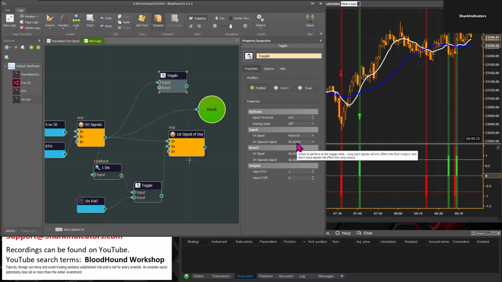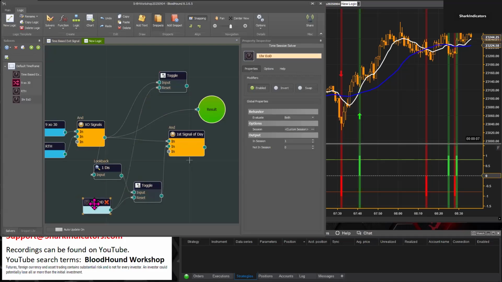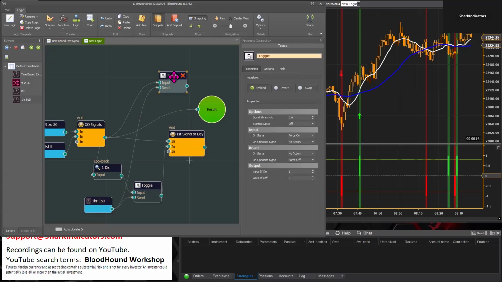So sometimes you might set this to no action, but then you'll use the reset to actually turn the toggle node off, based on some other condition. This actually isn't a practical example, but just be aware that when you do turn the toggle node on, somewhere in here you need to turn the toggle node off.